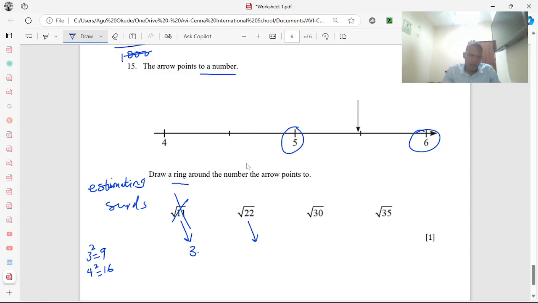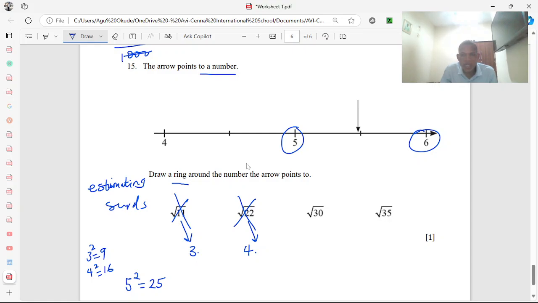Now don't forget, 4 squared is 16, then 5 squared is what? 5 squared is 25, right? But what I have here is 22. So the root of 22 should be less than 5, of course. So this should be 4 point something. So this one is not correct. Now the answer should obviously be either this or this.